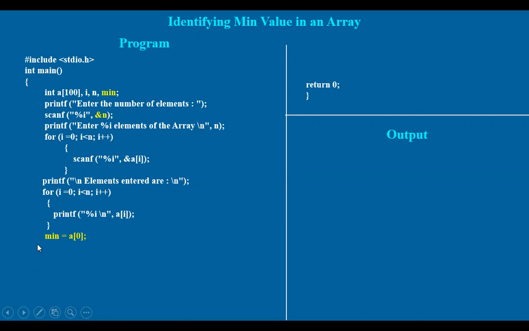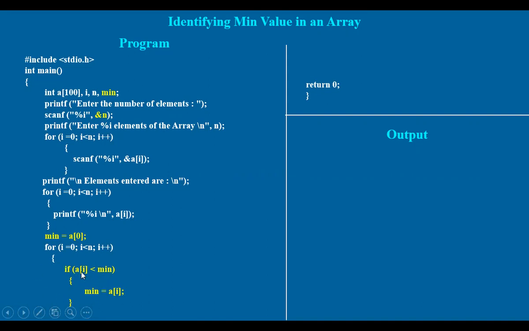So here, minimum value is initially taken as the first element. The first element is taken as the minimum value, and we are going to compare each successive element with that. So the same logic is applied here. If A0 is less than minimum, of course, initially A0 only.